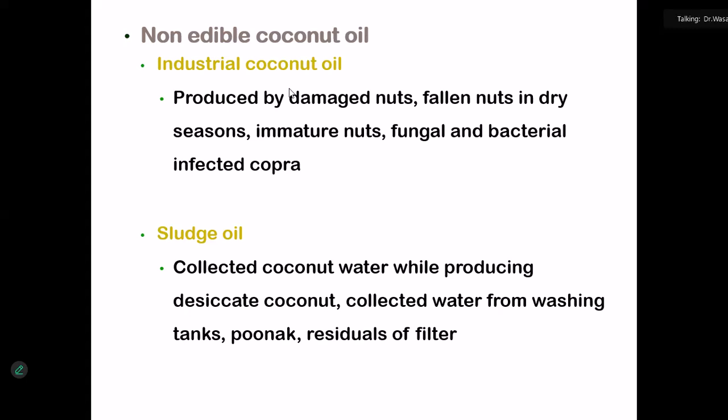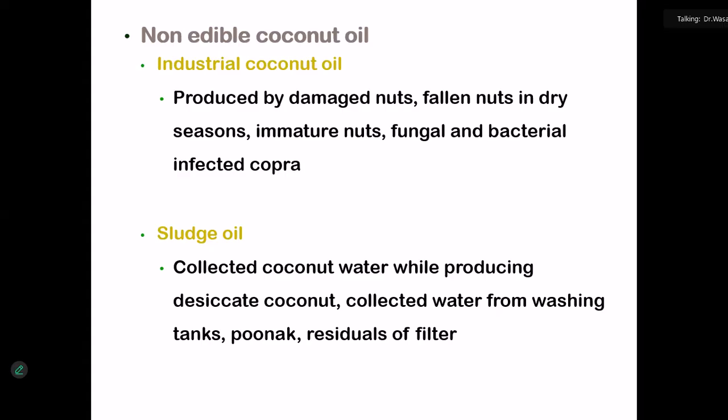At the same time, sludge oil. That is the wastewater, collected from the washing tanks and so on. All the wastewater in the coconut factory, the oil factory, has some coconut oil, coconut water, and DC.